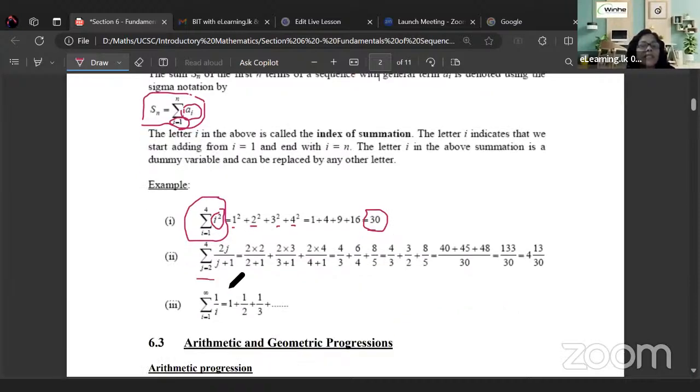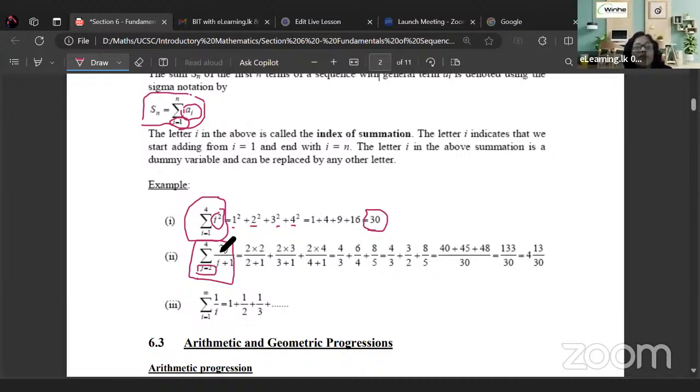You consider this one. Here instead of i, you can use j or whatever. Right? Here you use i. Sigma j equal 2 to 4, 2j divided by j plus 1. Here you can see the starting value is considered as 2. Right? So instead of 1, you can put 2 into j.